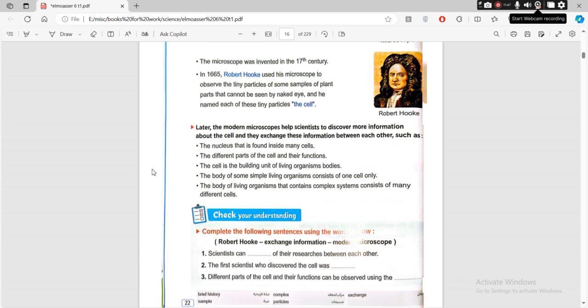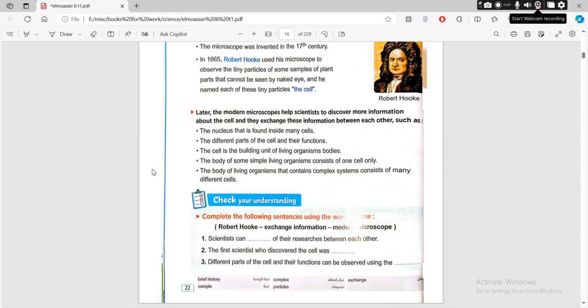Later on, when we invented more advanced microscopes, the modern microscope, we could tell many things. First, that the nucleus is found inside many cells.